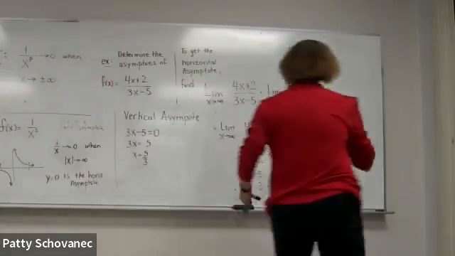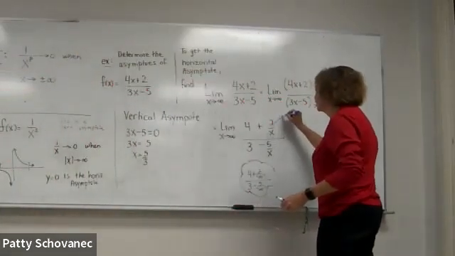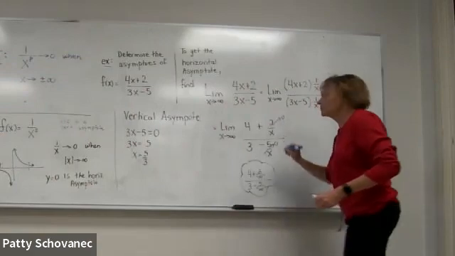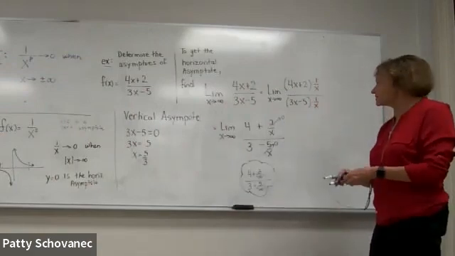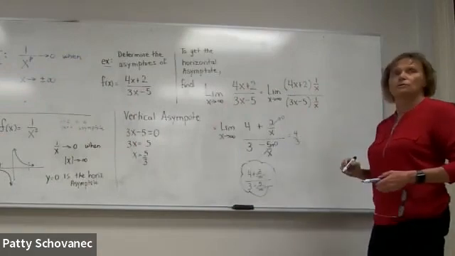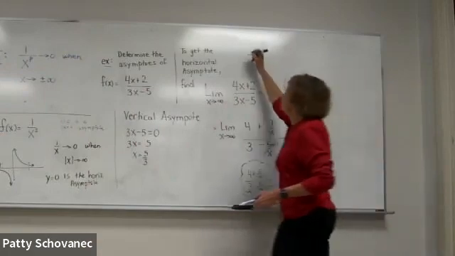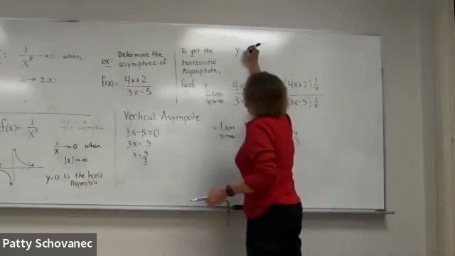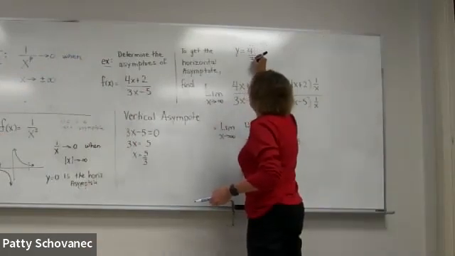So both this one and this one go to 0. And all I'm left with is 4/3. So we say the horizontal asymptote is the line y is equal to 4/3.